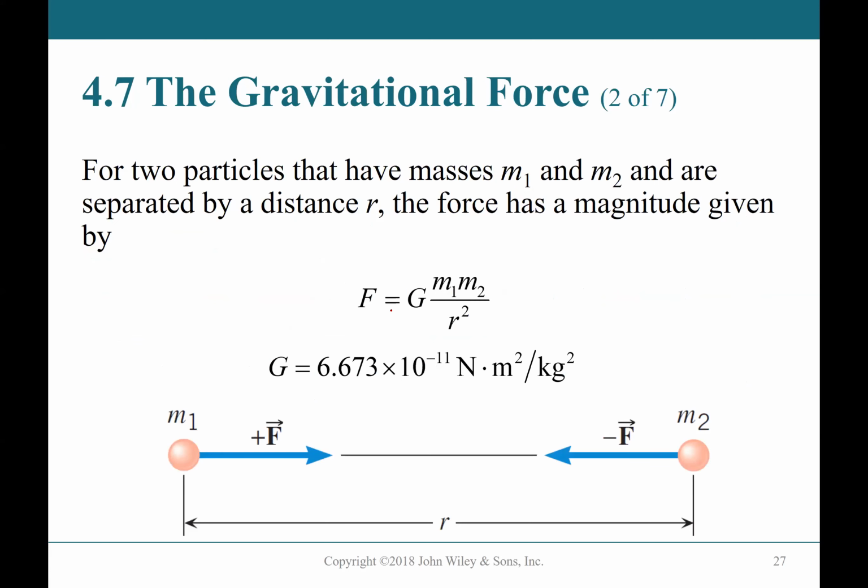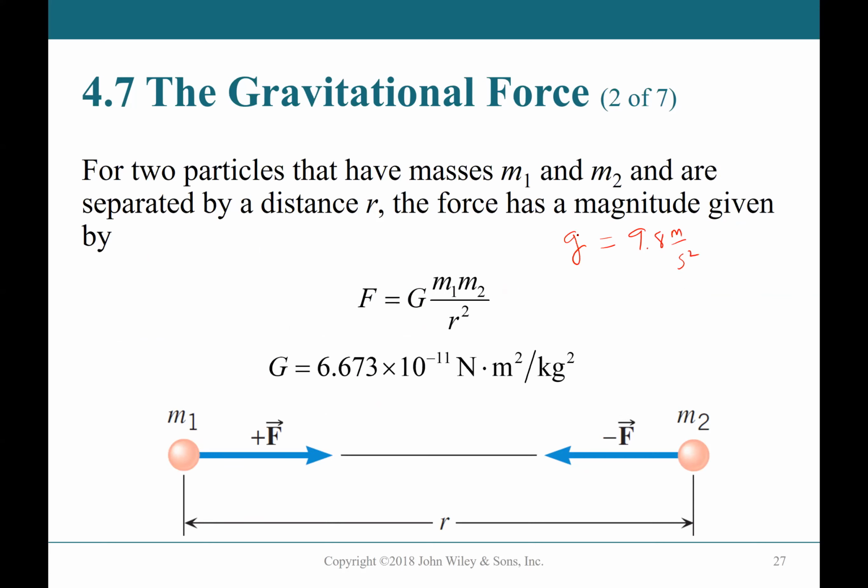So here we have Newton's law of gravitation, the gravitational force. So this gravitational force is equal to the gravitational constant. I call this big G. So now we're going to have another constant that we're going to learn. I call this little g. Little g is 9.8 meters per second squared.